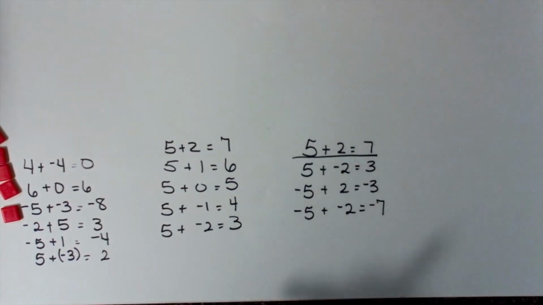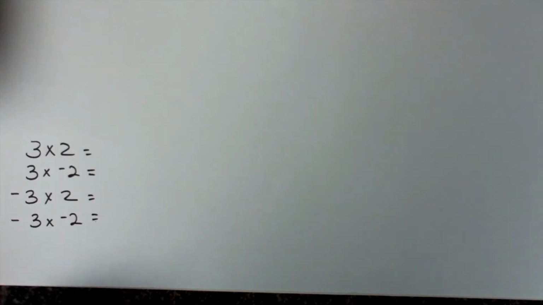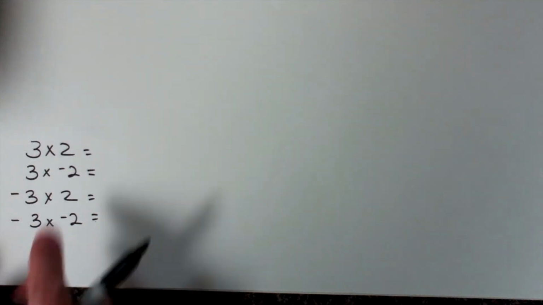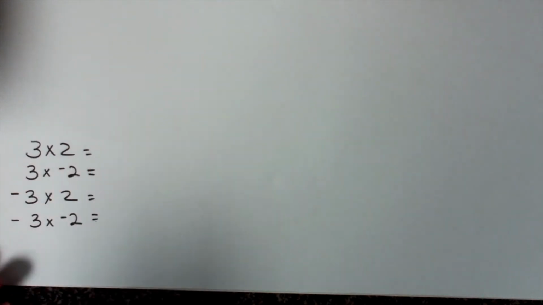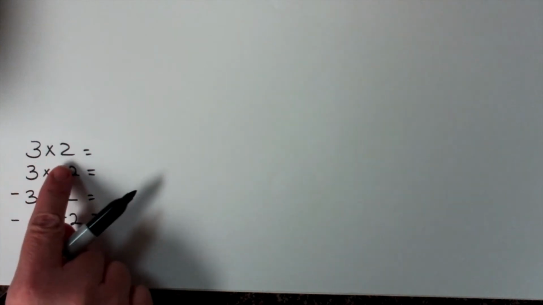Let's talk about subtraction. Okay, you can talk about multiplication by just building both groups of 0 pairs. So in this case though, let's just talk about this. We know this is regular multiplication, as in the repeated addition, or 3 groups of 2.